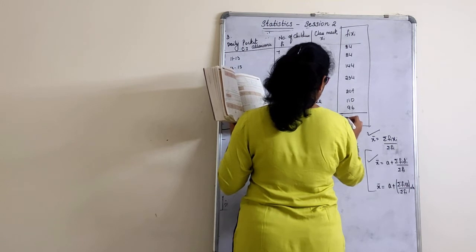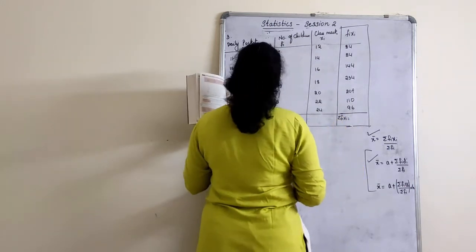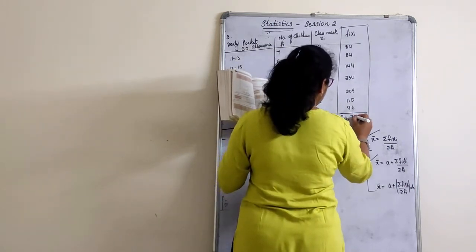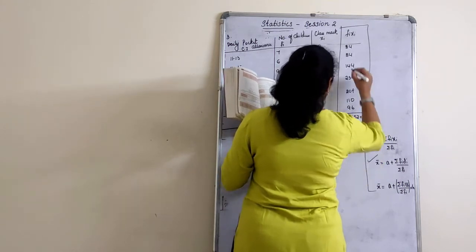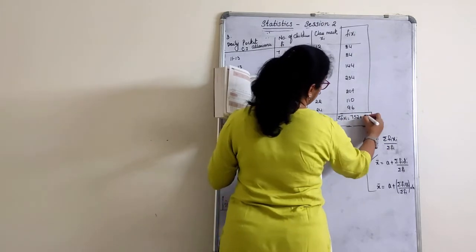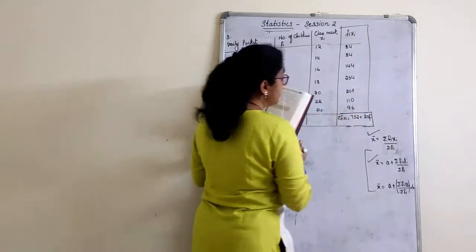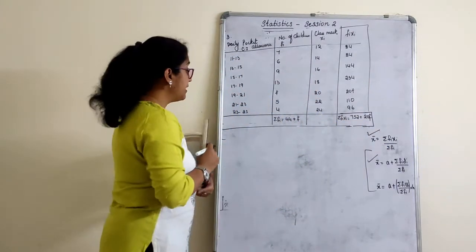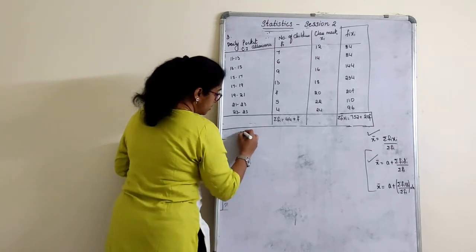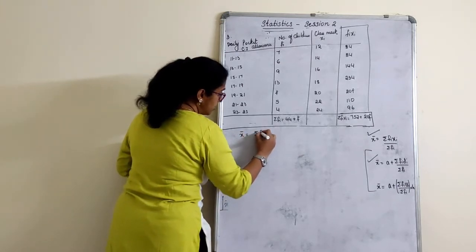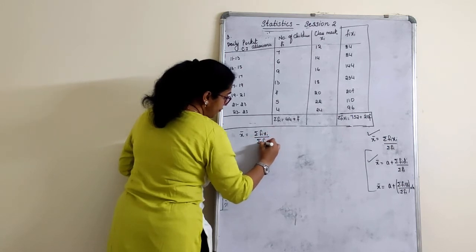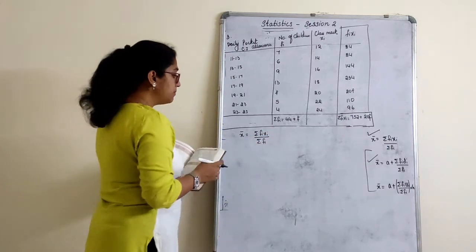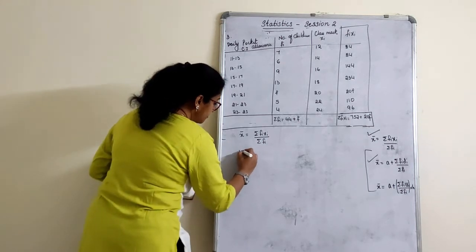Sigma Fi Xi is equal to, when you add the numerical values you get 752 plus, only the numbers when you add, then what do you have? 20F you have, right? Let us substitute in the formula now. Mean is equal to sigma Fi Xi upon sigma Fi. What is mean given? Mean is given as 18.